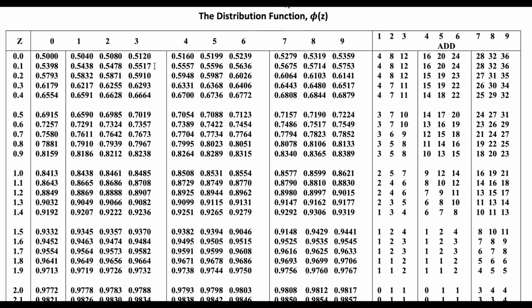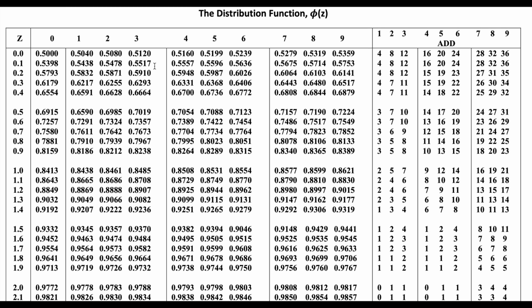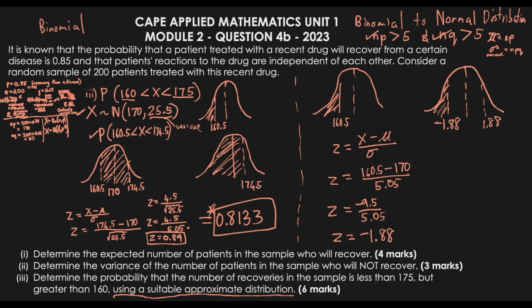There is one that exists, it's just that they don't use it for the exam. So we look for 1.88, which shows us the area for this part here. If we figure that out, we can subtract that answer from 1 and figure out this area here, because the whole area is equal to 1. Why? Remember, they are symmetrical.